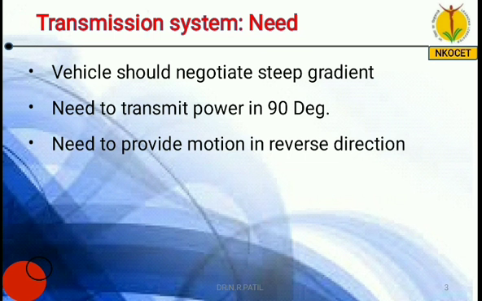The second one is need to transmit power at 90 degree. You know friends, the power needs to be transmitted at 90 degree, and that's why differential helps to transmit the power at 90 degree. So differential is the element which will help to transmit the power at 90 degree.